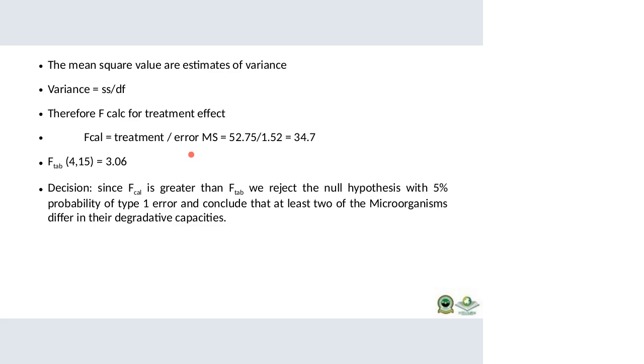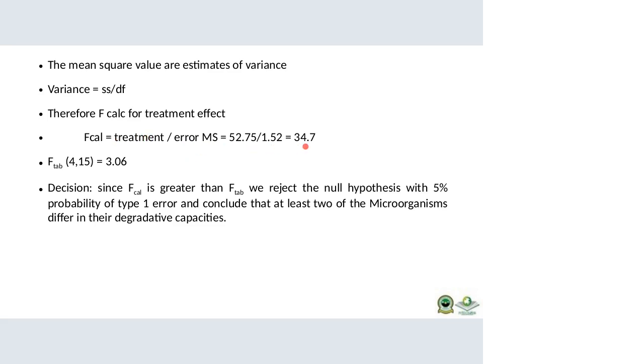Now, with all the procedure for the calculation, we have the mean square value, the estimate of variance, the sum of square divided by the degree of freedom, and therefore F calculated for the treatment effect. We also have the F calculated, treatment over the error mean square.